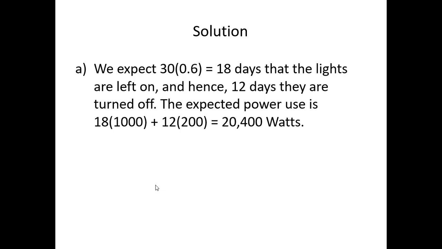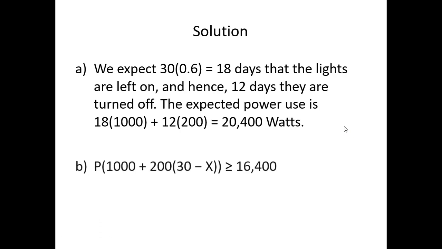So the expected power use would be 18 times the 1,000 watts a day when the lights are on, plus 12 times the 200 watts of power when the lights are not left on. Working this out, you'd see it comes to 20,400 watts. So that answers part A.